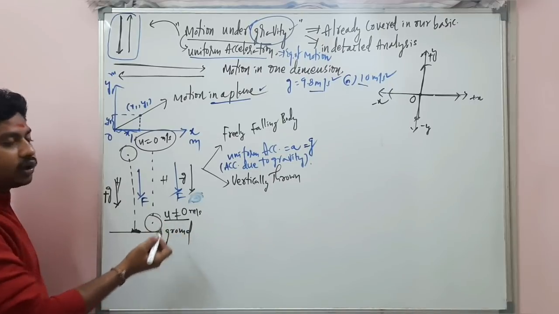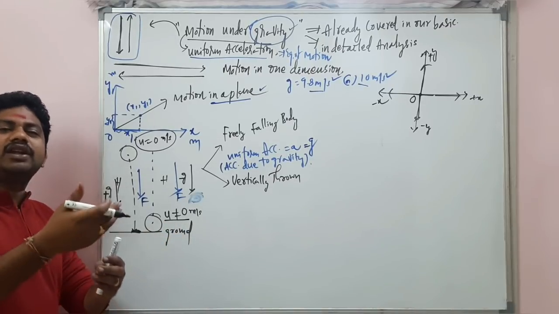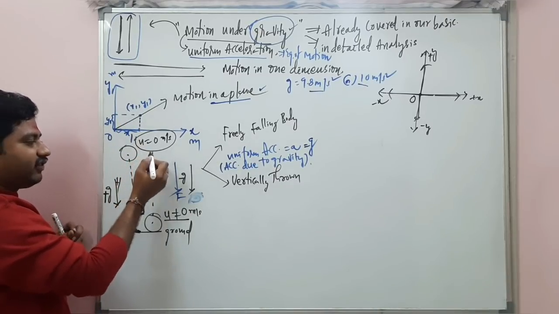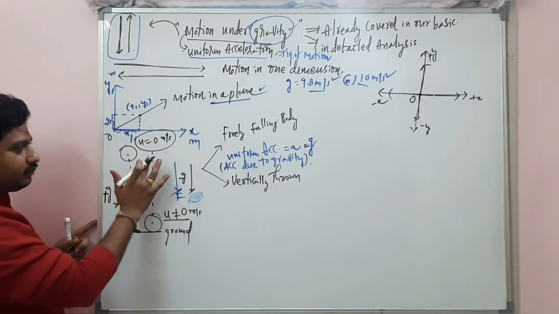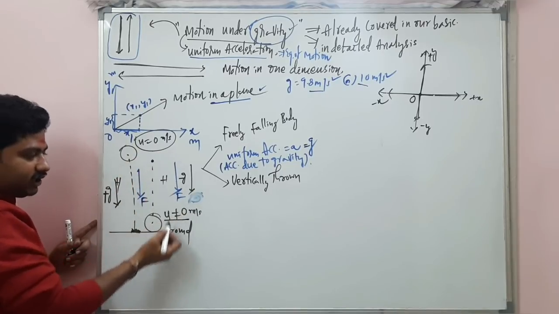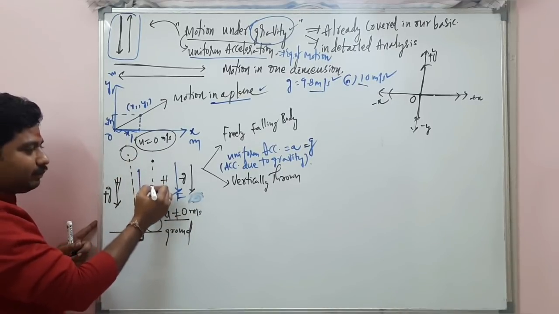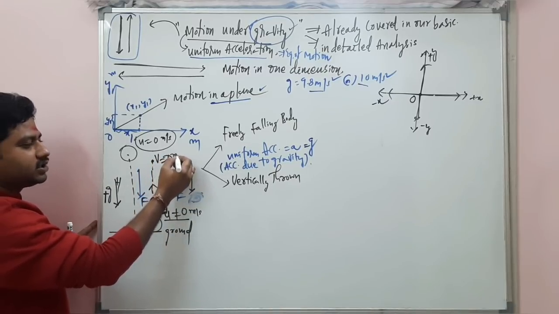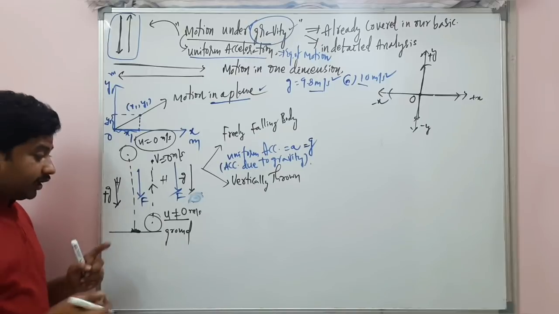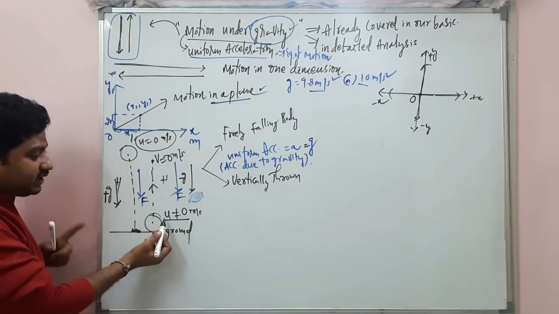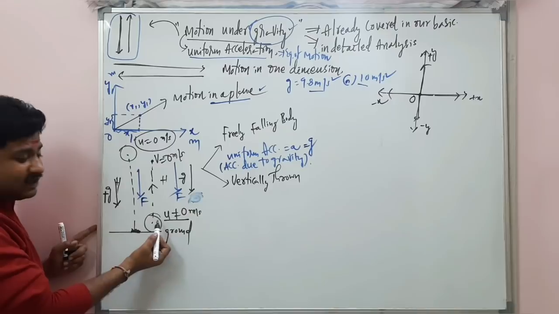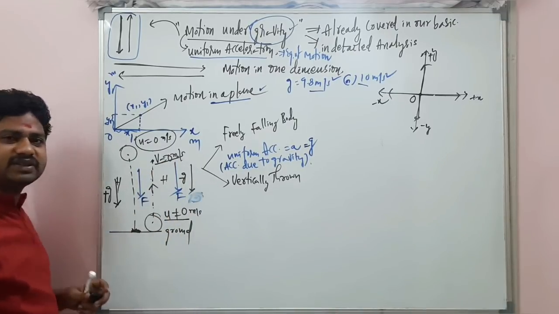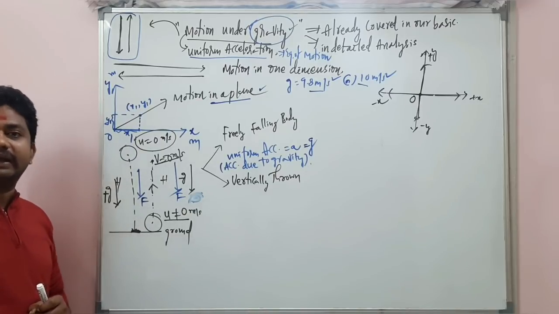Initially we are throwing the body with some speed, slowly the speed reduces, and finally at some point the final velocity of the body becomes 0 meter per second. Because in the vertically thrown case, initially we are throwing with 10 meter per second, slowly it reduces and finally becomes 0 meter per second, and the body starts coming back.